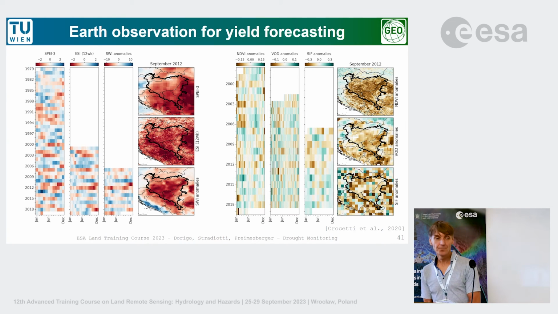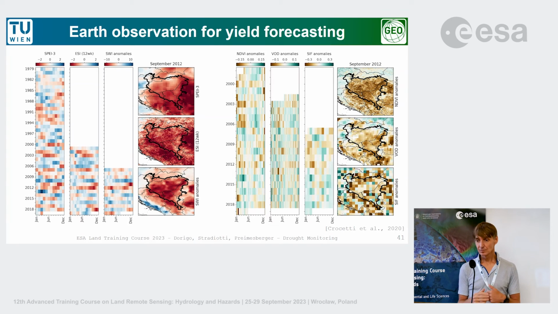So we wanted to know if we can use Earth observation to make predictions of the yield. What is going to happen if we have a drought now? How does that affect yield in 2 or 3 months from now, so in summer? The first thing we did is look at different indicators of drought. This is the SPEI again.